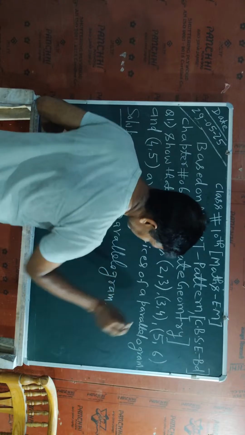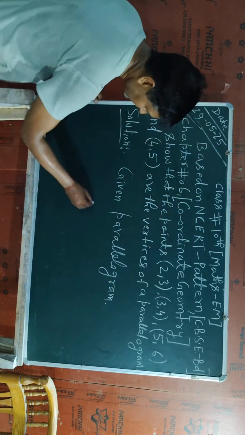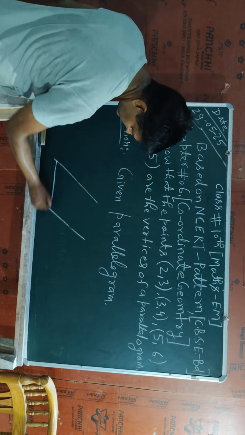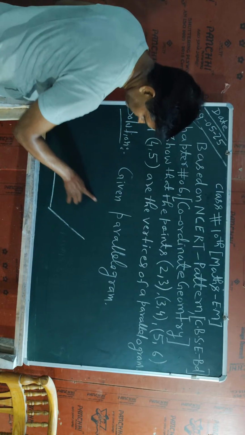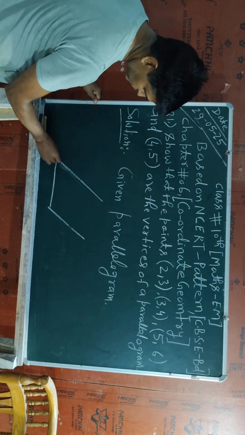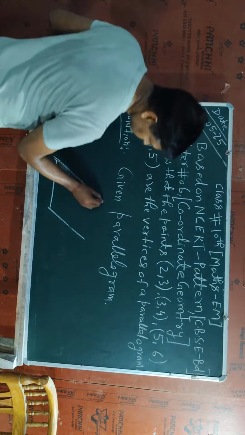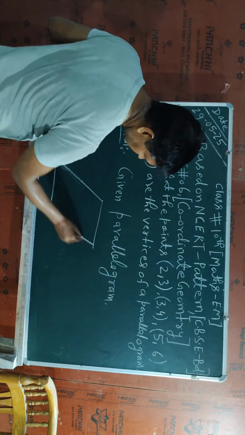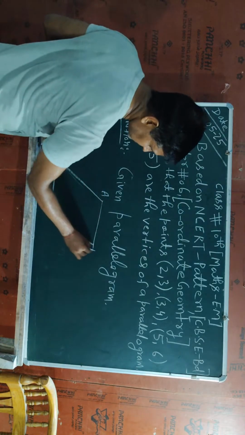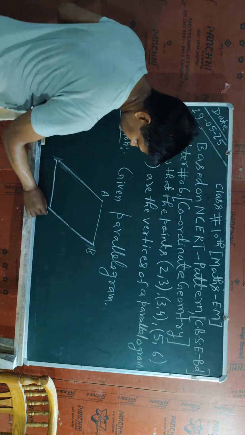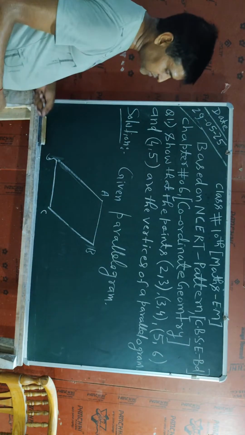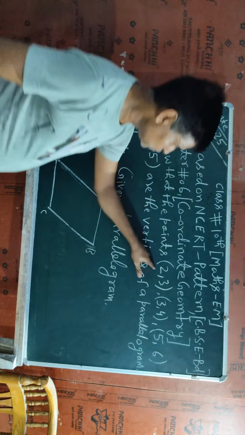Here I have to write. I will draw a parallelogram such that the vertices will be on the parallelogram. So we have to write like this. I will draw like this. This is the point A, this is the point B, this is the point C, and this will be the point D. Now its vertices are also given here, (2, 3).